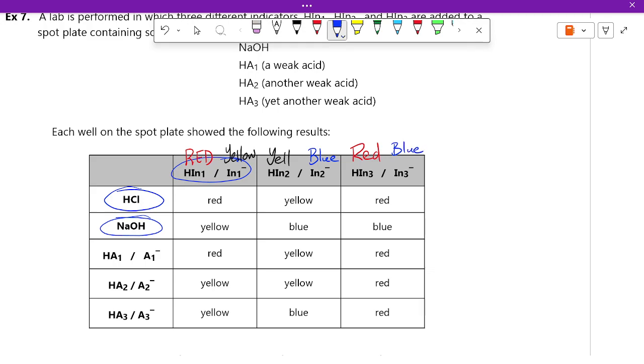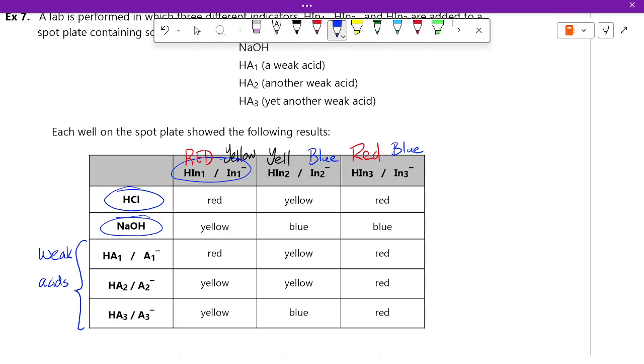Now we also have weak acids. What we do is we put weak acid 1 with indicator 1, and it turns red. What does that tell you about HA1, its strength, compared to indicator 1?